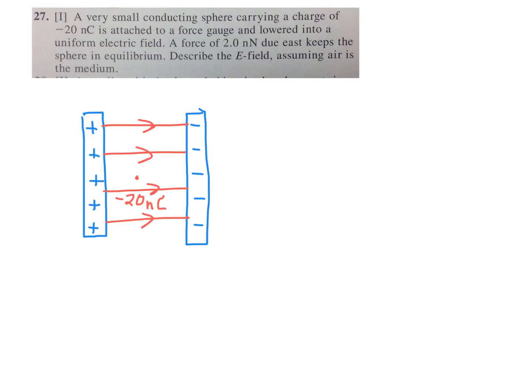And when you have these parallel plate problems, almost always you will start off, or at least at some point in time, be using the equation E equals F over Q, or F equals EQ, because you will have a uniform force causing uniform acceleration for that particle if you allow it to move.